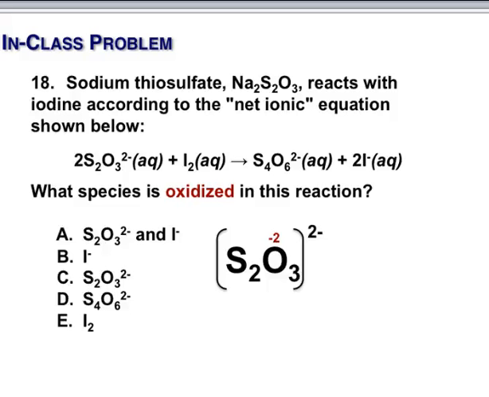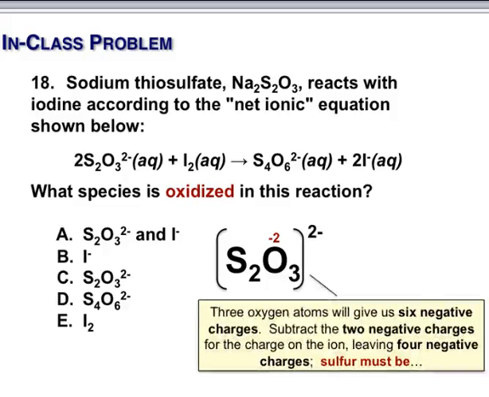So really we only have 4 negatives to work with, because 2 are going to go outside our bracket, and we're left with 4 inside here. So if we need 4 positive charges and we have 2 sulfurs, the sulfur must be plus 2. 4 positives, 6 negatives, minus 2 left over.